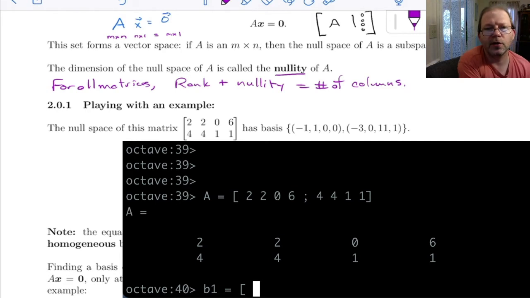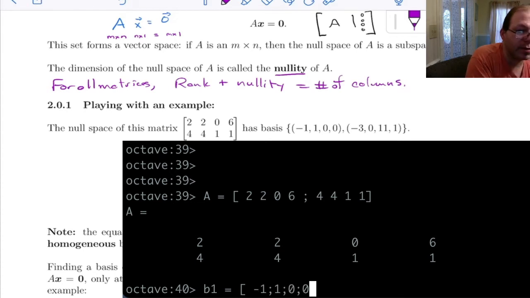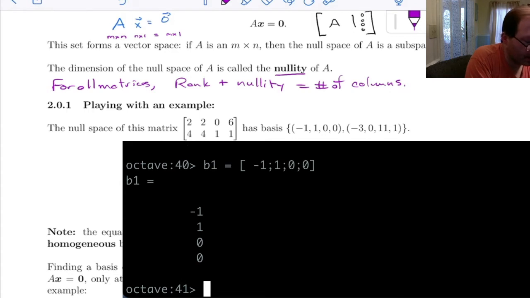Now, they're written as points, but we're going to make them columns. So that's going to be -1, 1, 0, 0. And B2 is the other one: -3, 0, 11, 1.